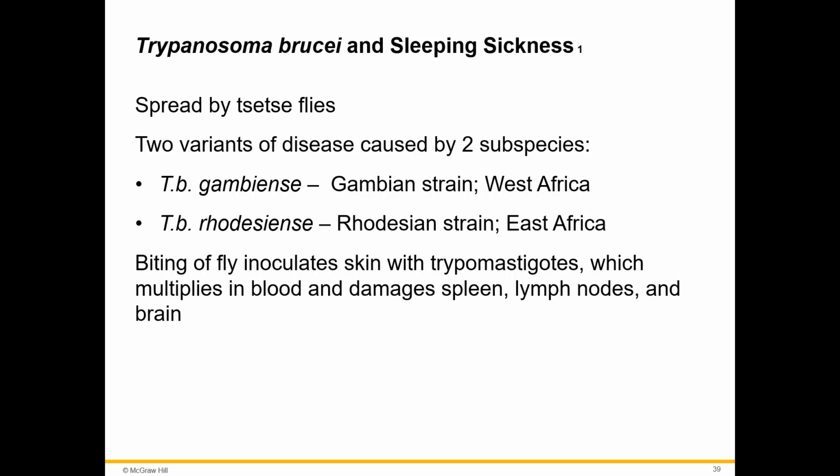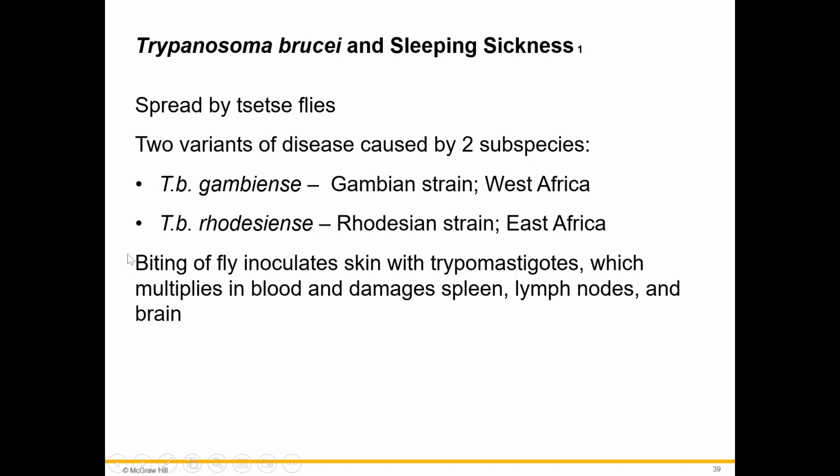Trypanosoma brucei, this one is spread by the tsetse fly, okay? And we have two variants of this disease, and I'm not going to go into the different subspecies with y'all because once again this is a microbiome course. But based on different geographic ranges, we have two subspecies, Gambiense and Rhodesiense, in West Africa and East Africa.